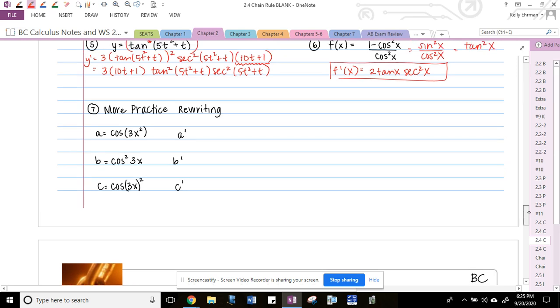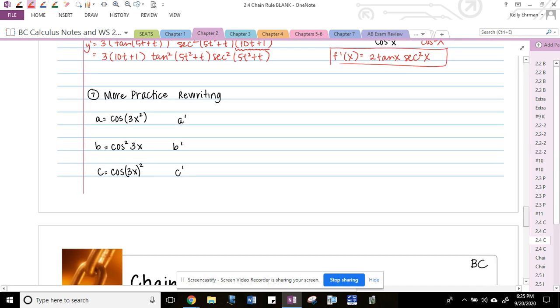Okay, some practice just rewriting things that look very similar, but they're all slightly different. So cosine of 3x squared, the derivative of cosine is negative sine of the angle. Now I have to multiply it by the derivative of 3x squared, which is 6x. I'm not going to work on simplifying these. For the next one, cosine squared, cosine of 3x, the quantity squared.